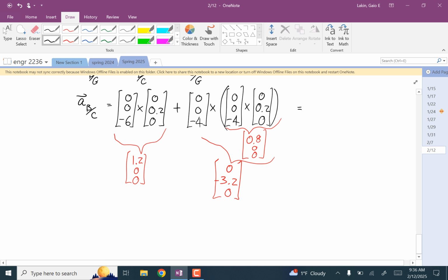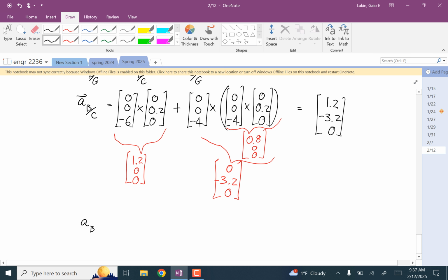And so all together these come out to be 1.2, negative 3.20. And now put it into the relative motion.